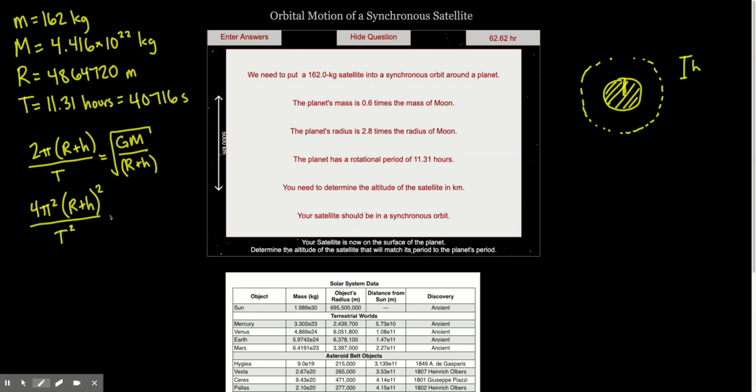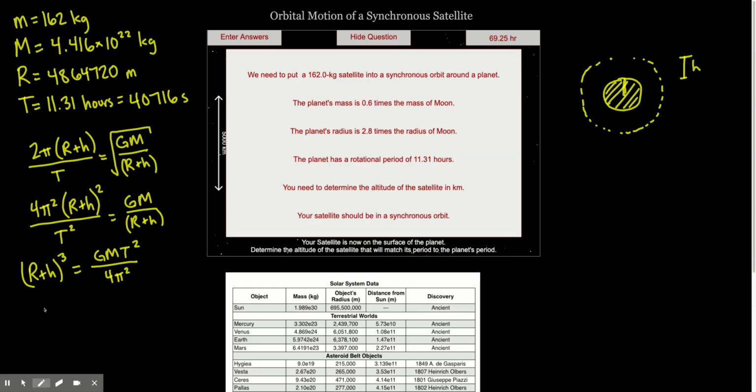If I square that side, I also get the square of this side. So basically, it's just that without the square root. And now I can solve for r plus h. So r plus h quantity cubed equals GM, move the T squared up to the top on this side, and divide both sides by 4 pi squared.